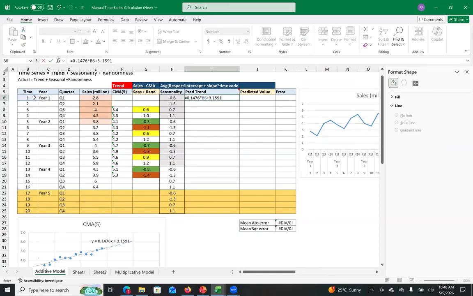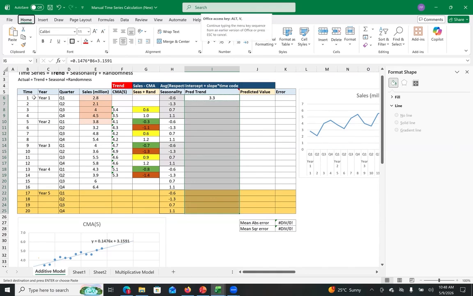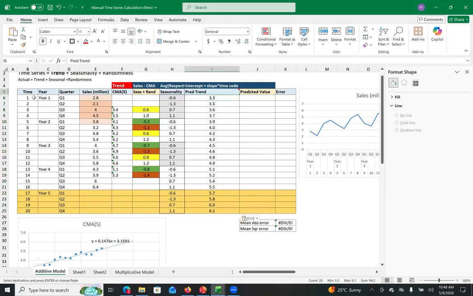Is this right? Yes. Right? So I'm just gonna Control C, Control V here. Very simple, just the equation of the line I have written. This is nothing but my trend component.